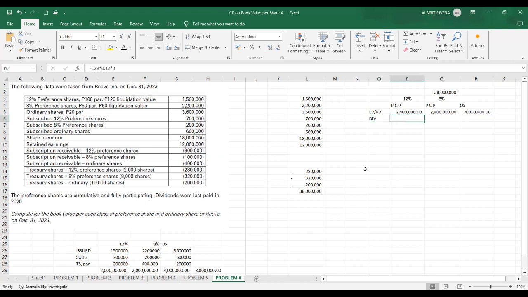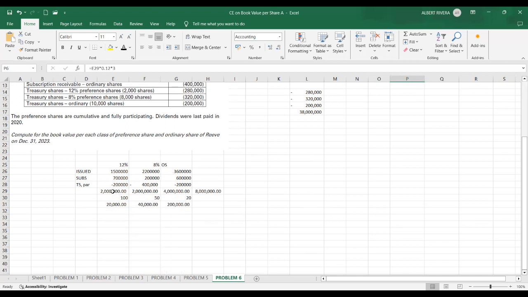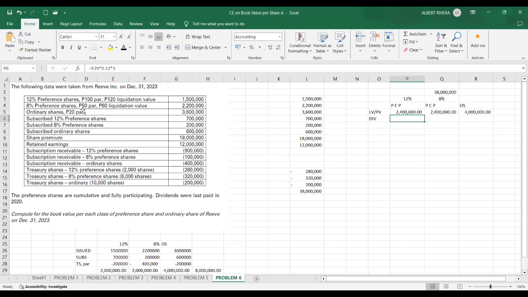And you will use the par value. And the par value here is 2 million. No? 2 million times the rate of 12% times 3. So this is now the dividend for the 12% preference shares.